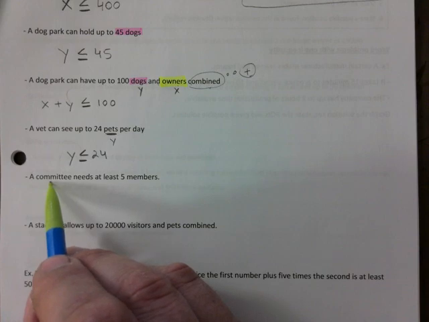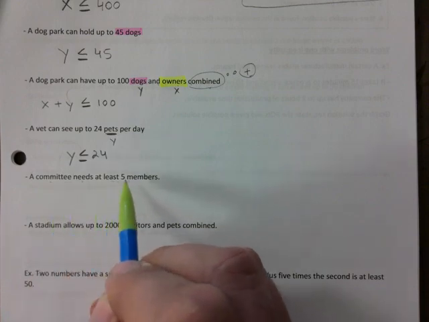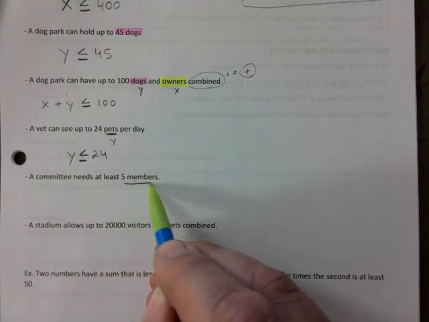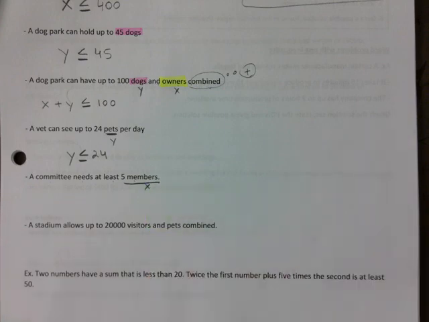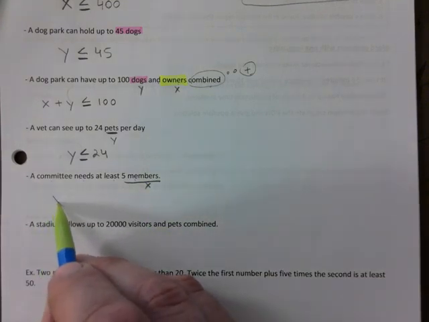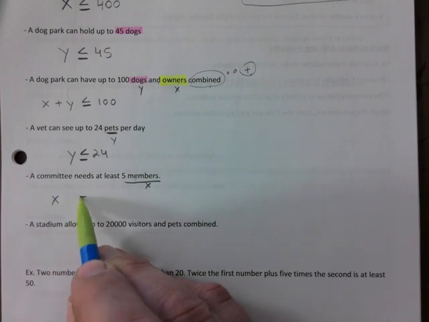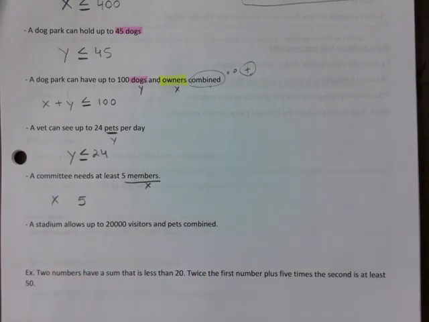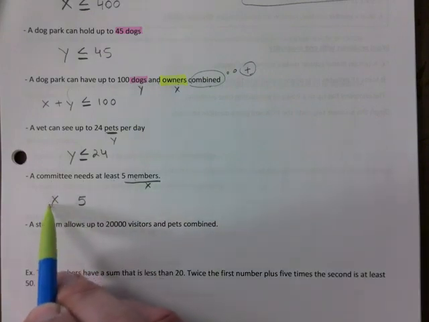Next, a committee needs at least 5 members. This is our x variable only. We're talking only about people here. X, 5. Which way is this one going to go? At least 5, it says, right? Then focus on this.